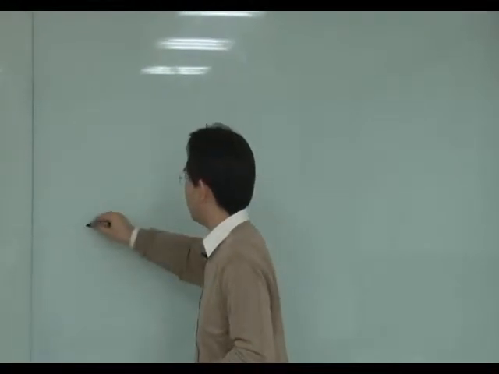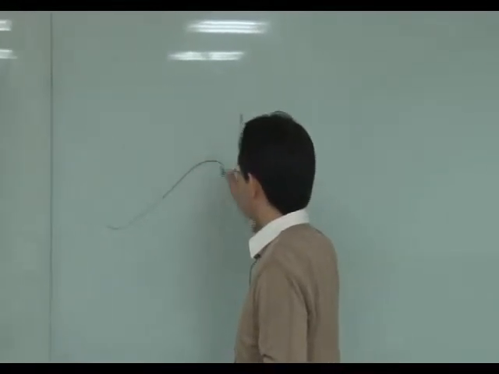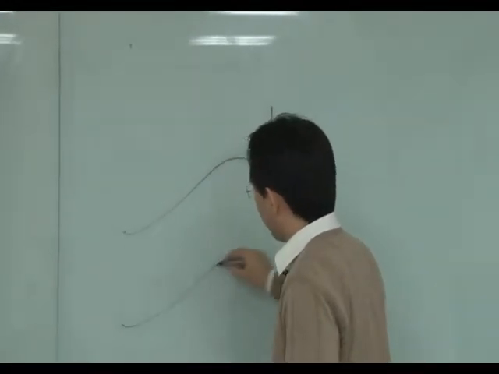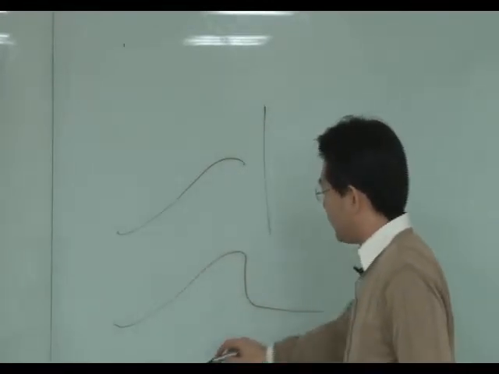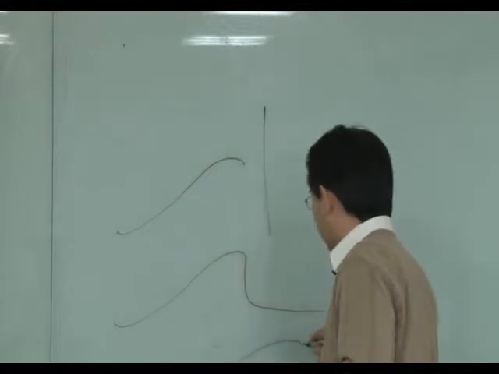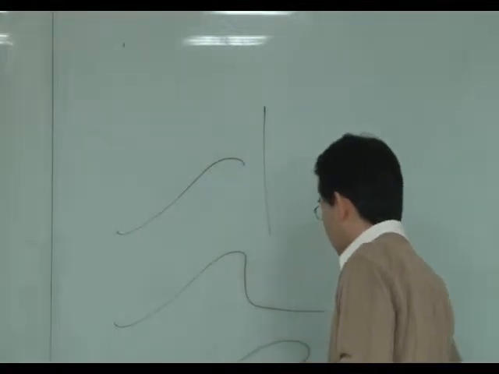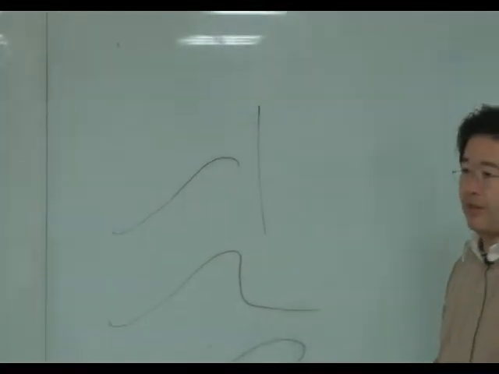Overturning is like this. If the wave goes steep, it will show the overturning.